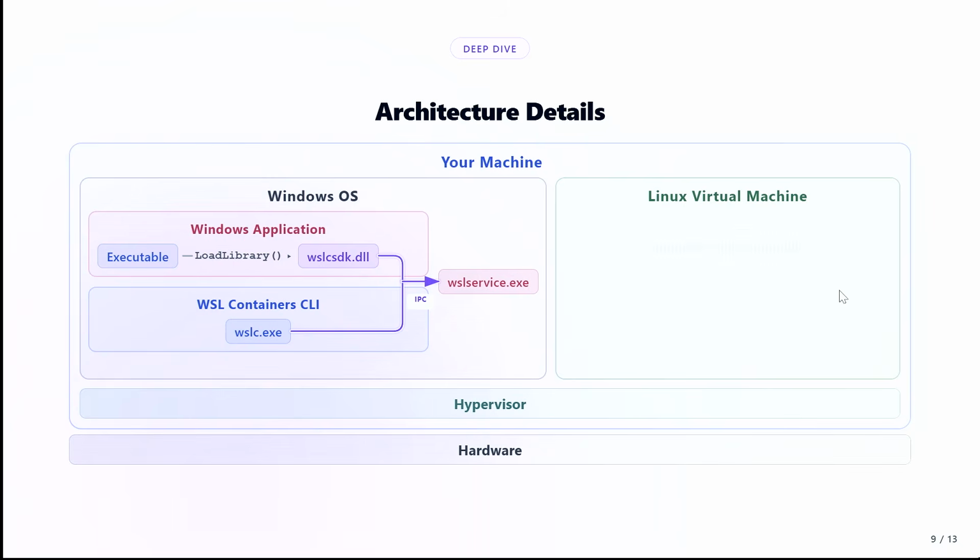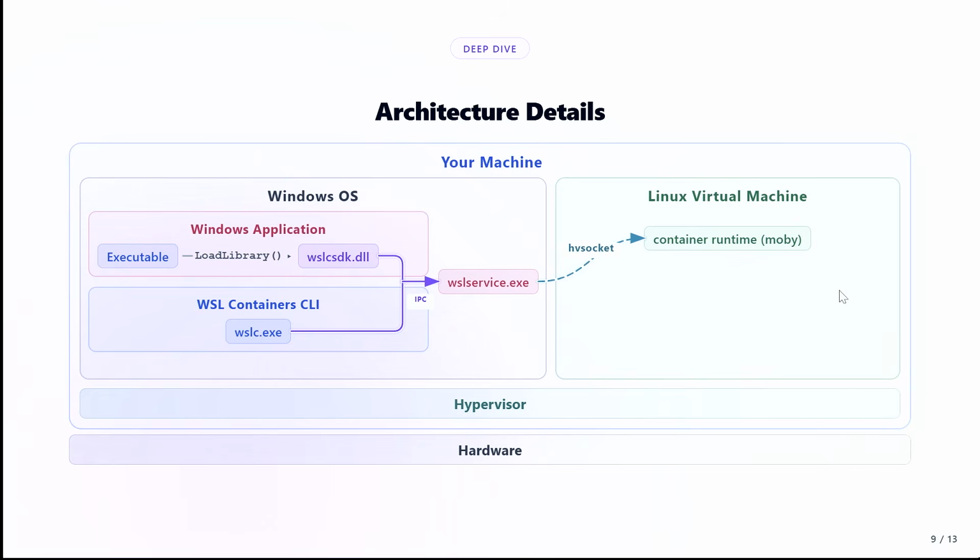Inside of the Linux virtual machine, we run a container runtime. Today we run Moby. It's an open source engine that powers Docker today. The WSL service uses an HV socket to communicate users' intent to the container runtime by opening this HV socket with the Linux virtual machine. It is not a network socket. It's a specialized socket that is used specifically for communication between the VM and the hypervisor.